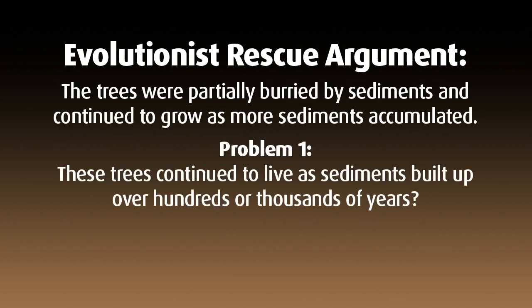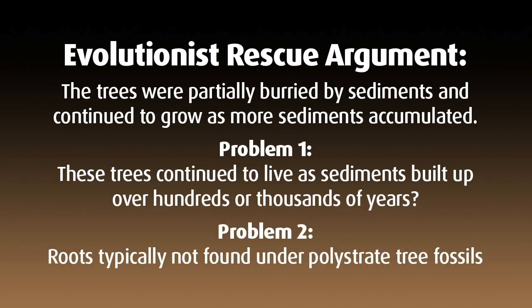Problem one, these trees continued to live as sediments built up over hundreds or thousands of years? That doesn't wash. Problem two, there typically are not roots found under these polystrate tree fossils. They're the trunks, but no roots. So that means they couldn't have been living and growing while sediments accumulated.